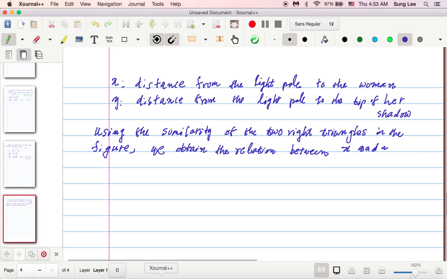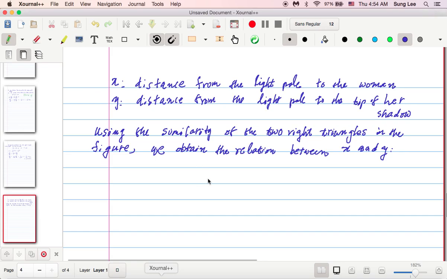I mean, from the question, it's clear that x and y are related, but how related? Similarity tells us the relationship.